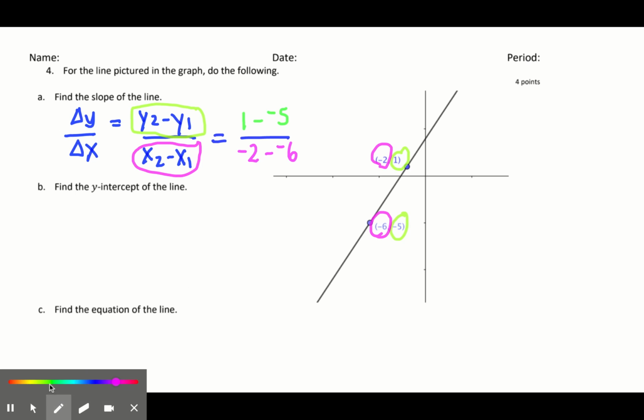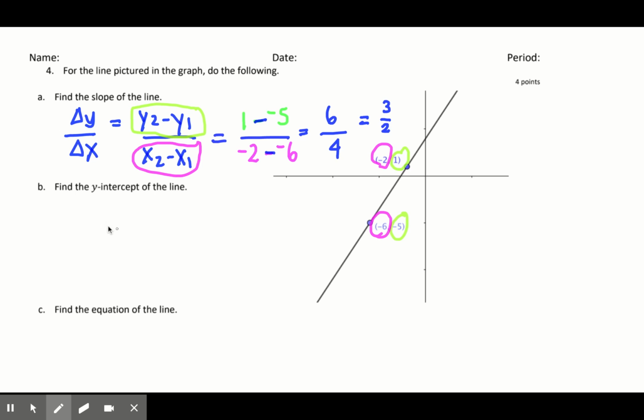All right, and you have to just really be careful about those negatives, right? So 1 minus -5, right, becomes 6. And then -2 minus -6 becomes 4. So your slope reduces to 3/2.